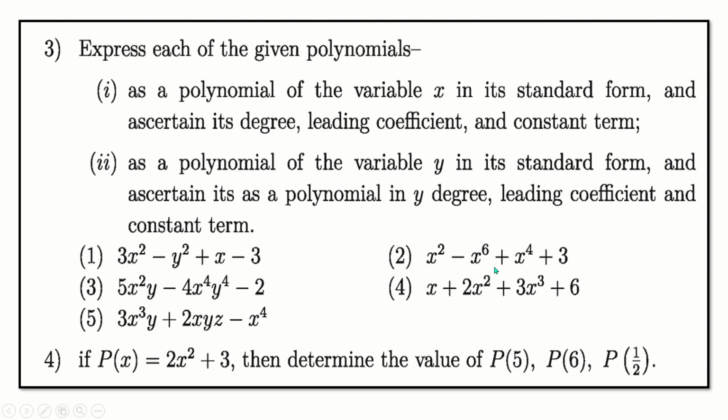So follow here: x to the power 6 will be first, then x to the power 4, then x squared, then 3. That is the standard form. Clear?